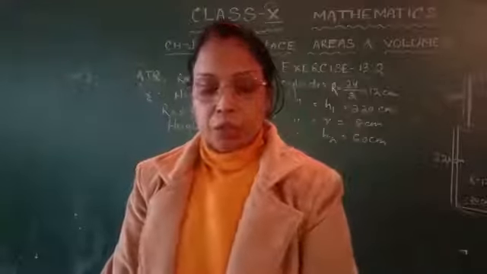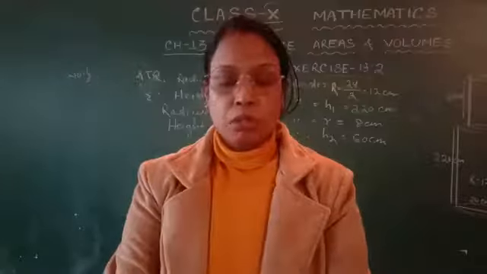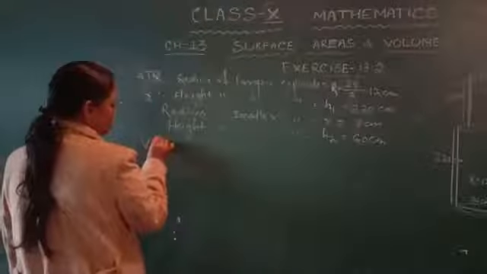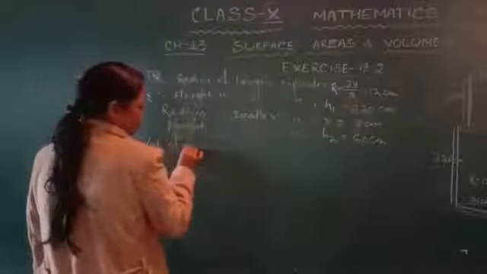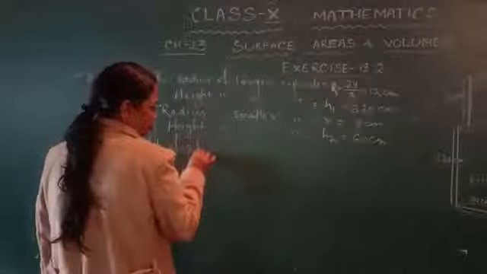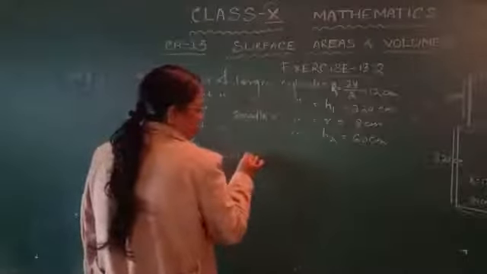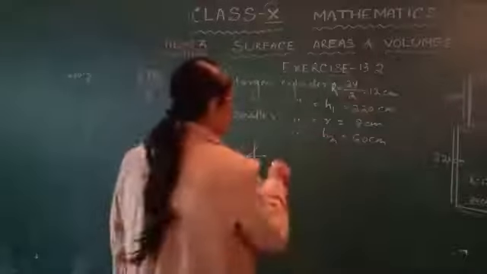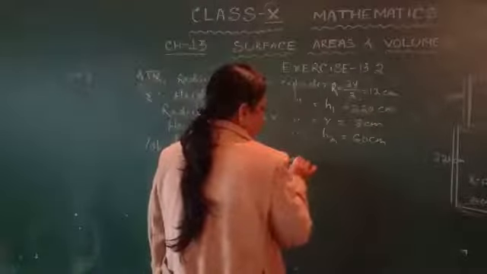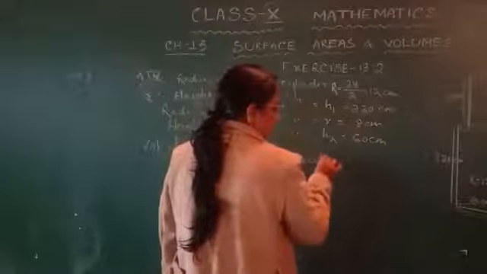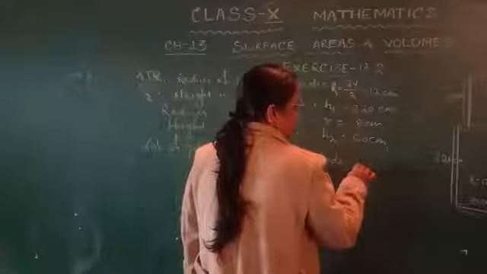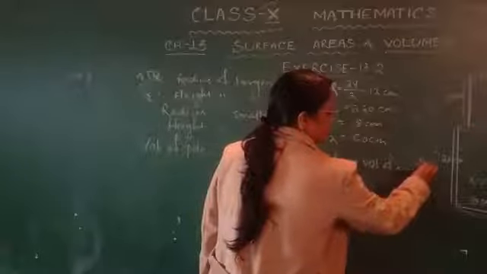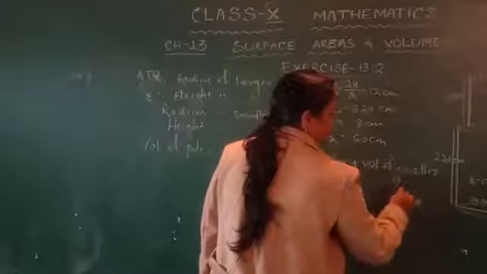Now the volume of the pole, because two cylinders are there, is equal to the volume of the larger cylinder plus the volume of the smaller cylinder.